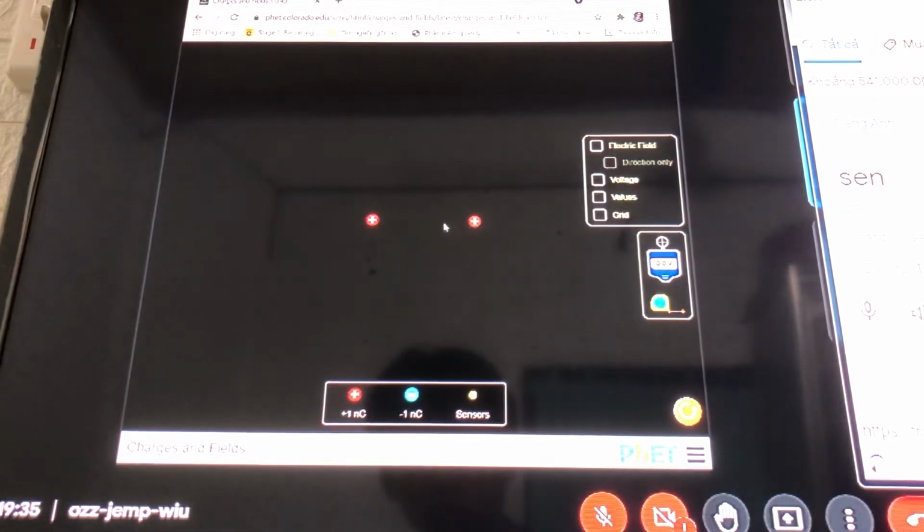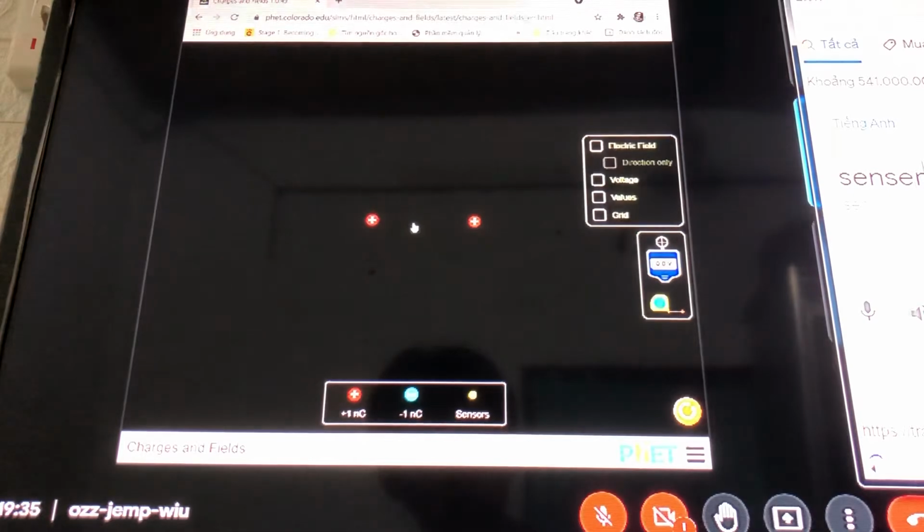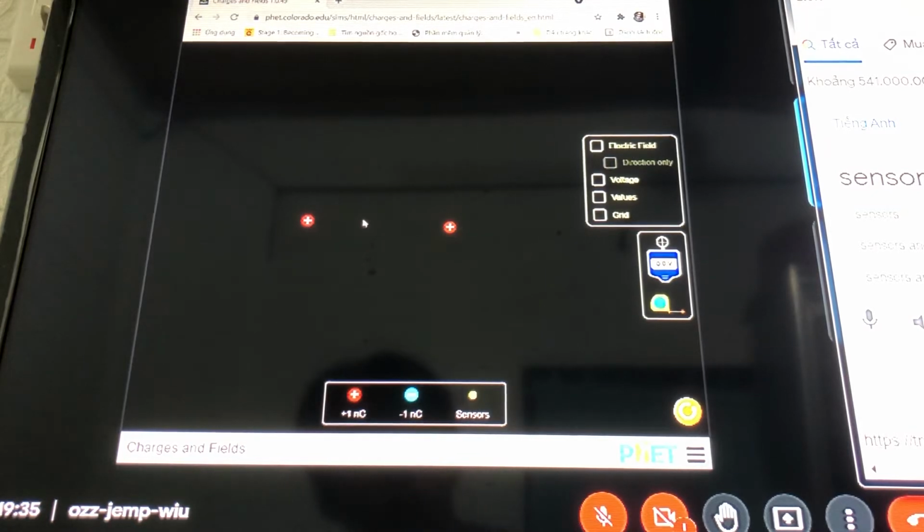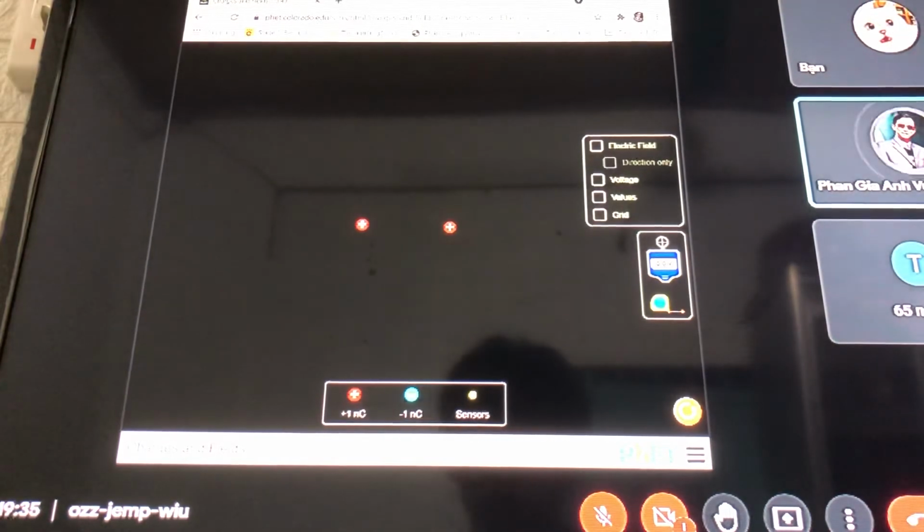It's just an application of Coulomb's law. But now, when I release them, what happens? They will move away from each other. So in this case, I have some energy that is stored in the system. When I release the charges, they will move.